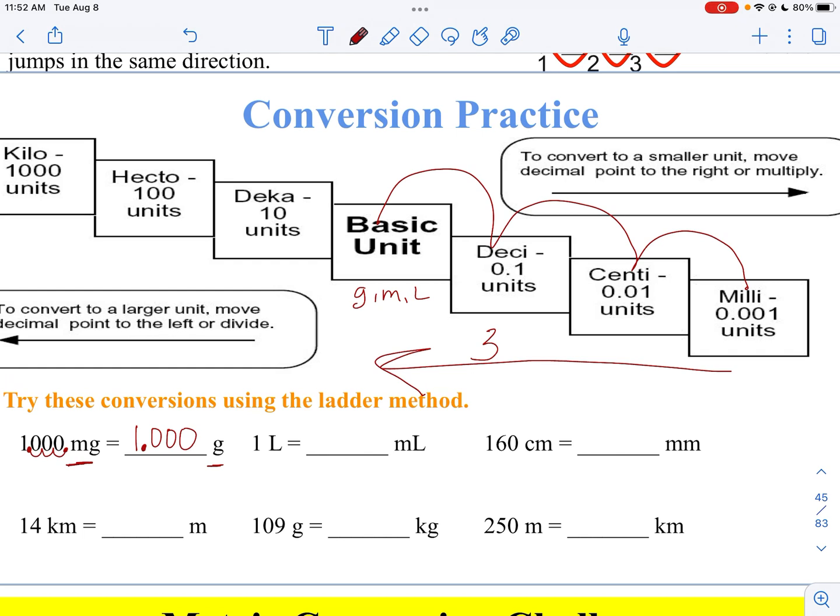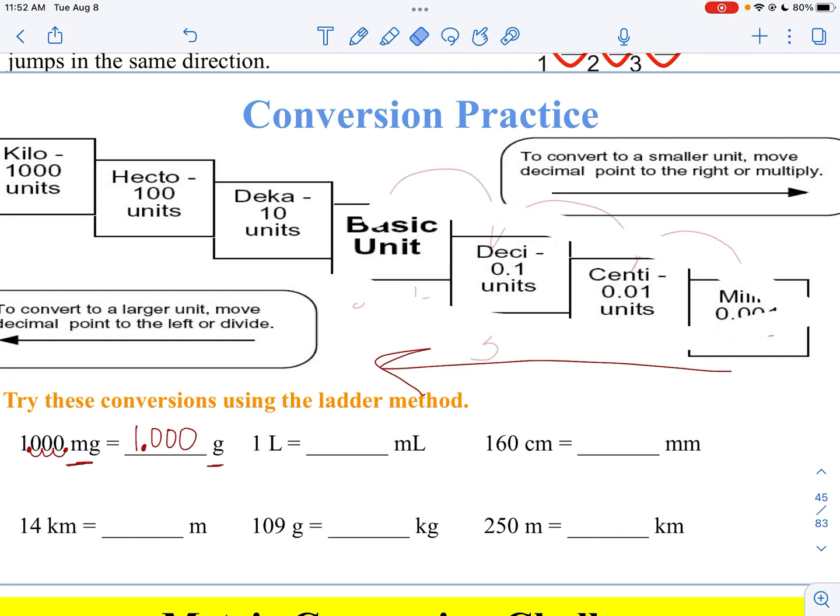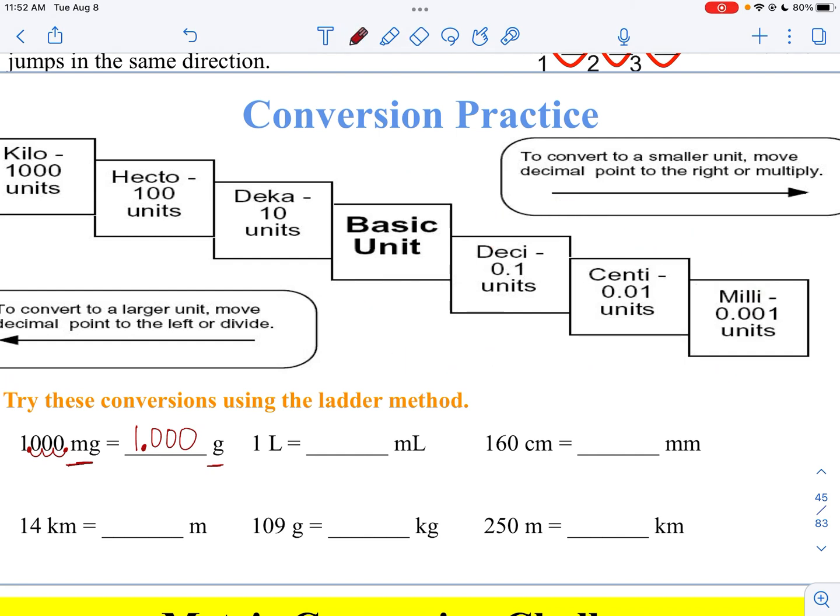Okay, let's look at the next one. I have liters to milliliters. So here I'm starting at my base unit of liters, and I'm trying to go to milliliters. How many steps is that? 1, 2, 3. So this time I went 3 to the right.